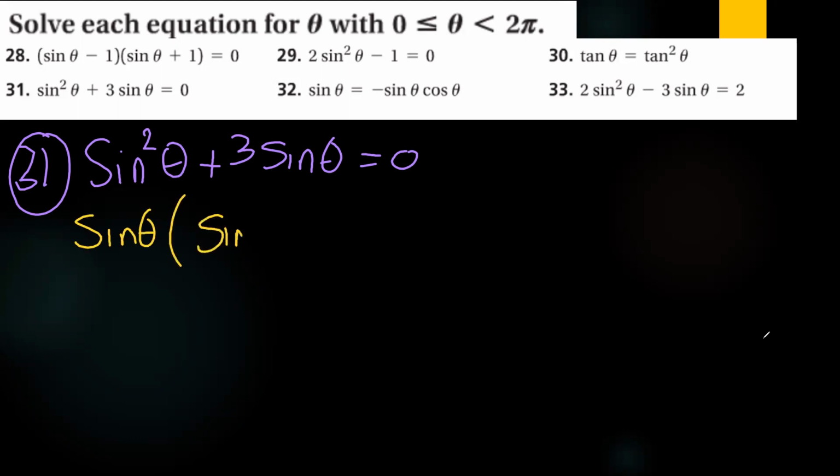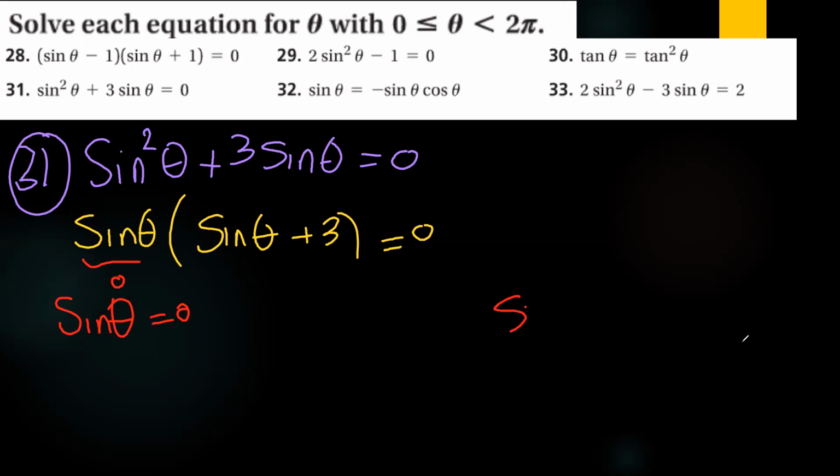So we have sine of theta times (sine of theta plus 3) equals 0. That means this part could be 0, and the second part could be 0. That means it's negative 3.